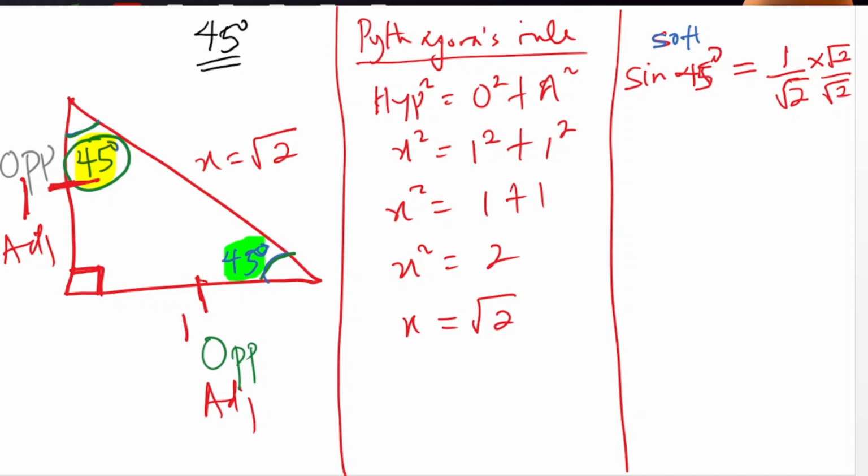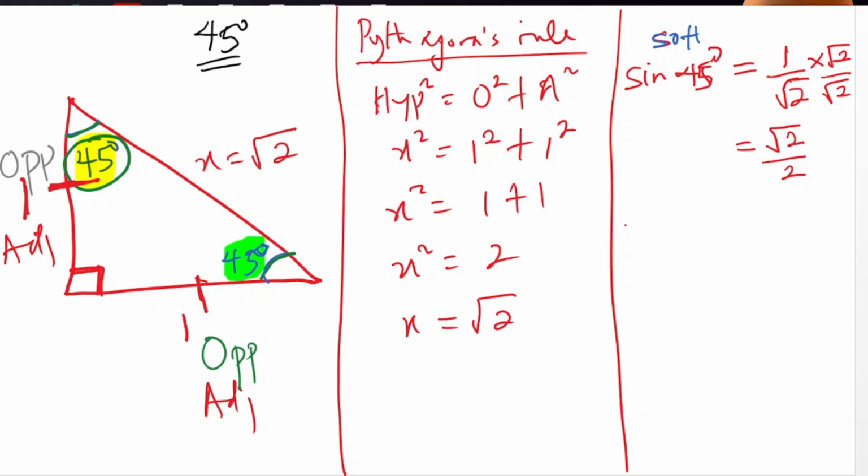So in this case, what we're going to have is root 2, right? Square root of 2 times square root of 2 is square root of 4, which is 2. So sine 45 is square root 2 over 2. I hope this is very clear. I hope I'm making sense. All right, if that is the case, let's move on.